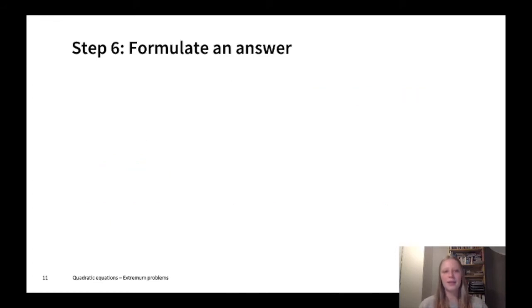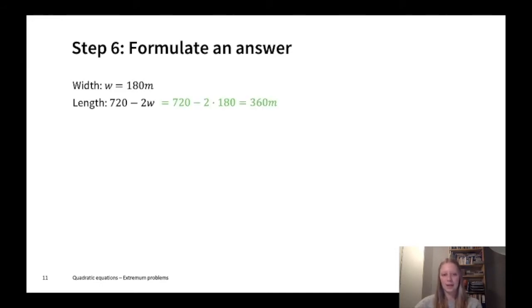So step 6 is to formulate an answer. So let's take a look at the information that we found. We know that the width, we determined this in the previous step, the width is 180 meters. The length is 720 minus 2 times w. So let's fill in our value for w, and then we find that the length is 360 meters.